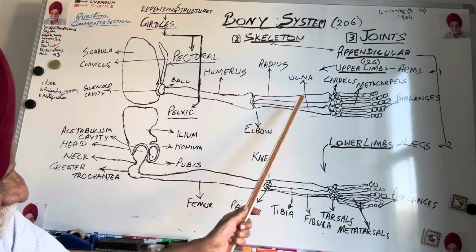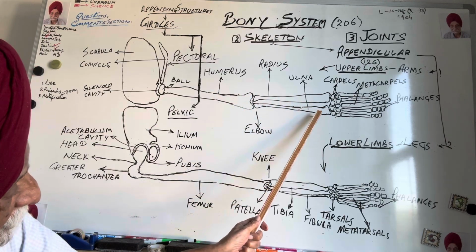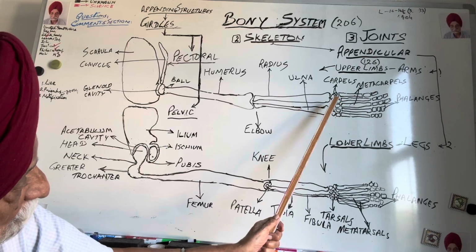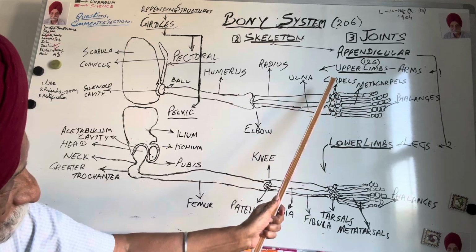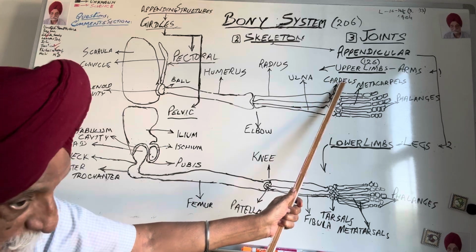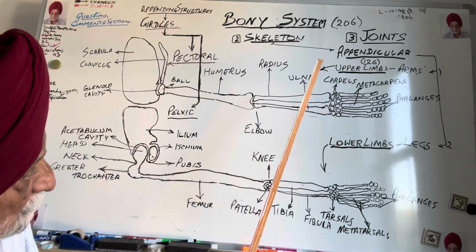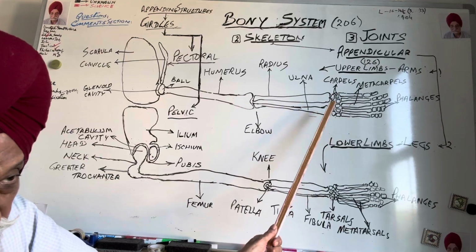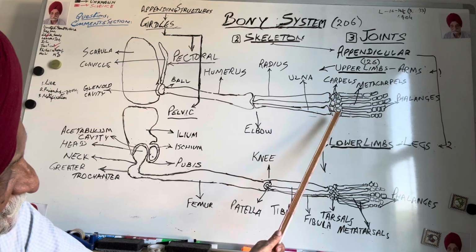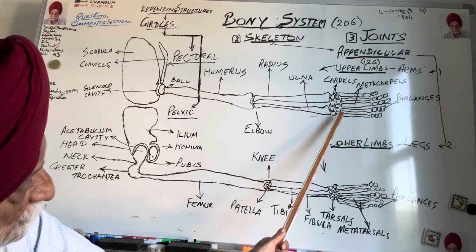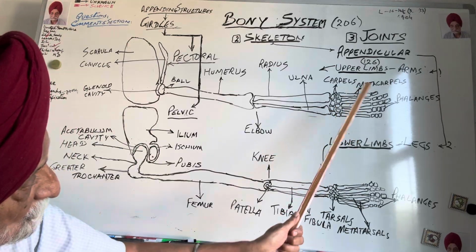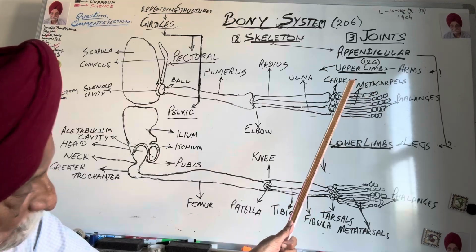The other two ends of the radius and ulna are articulated with the bones of the wrist, the carpals, which are 8 in number. Now these carpals make the wrist, and the carpals are joined with the bones of the hand, which are called the metacarpals, 5 of them.